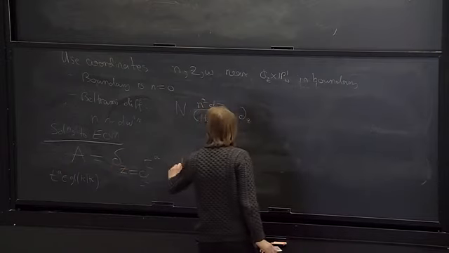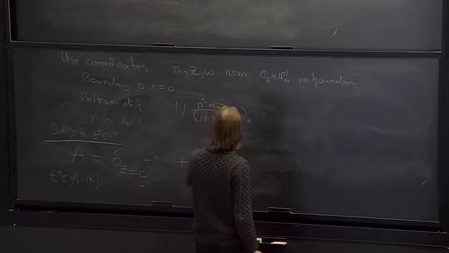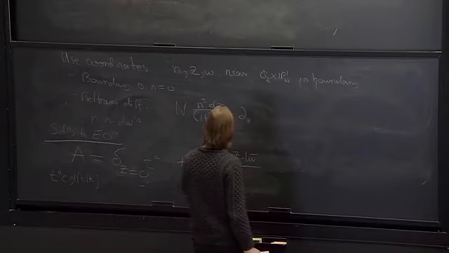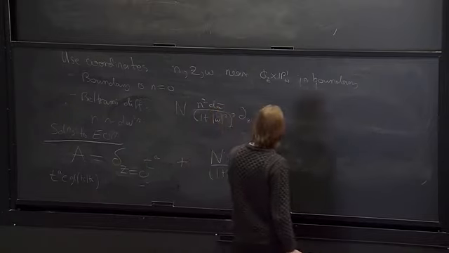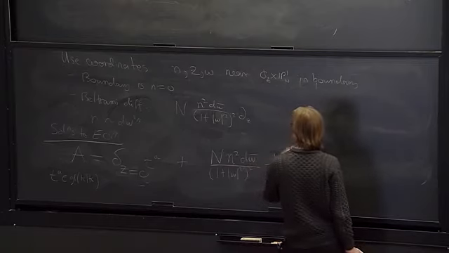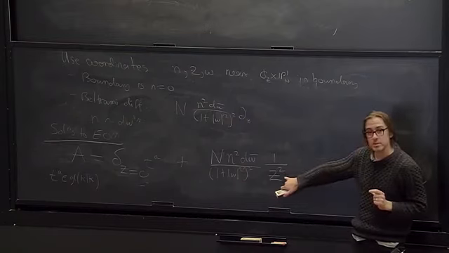So I have to add on a term, which looks like n squared dw bar over 1 plus n squared times 1 over z squared. Right. This fails to satisfy the equation of motion.